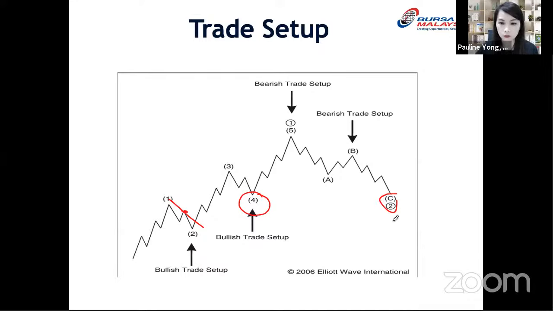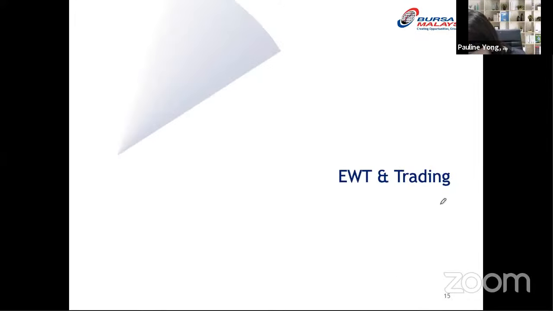Then you can start to draw. Then this one becomes a 2. They can be interchanged. Then this C becomes a 2. It can be interchanged as well. Okay, later we will look into the individual one.